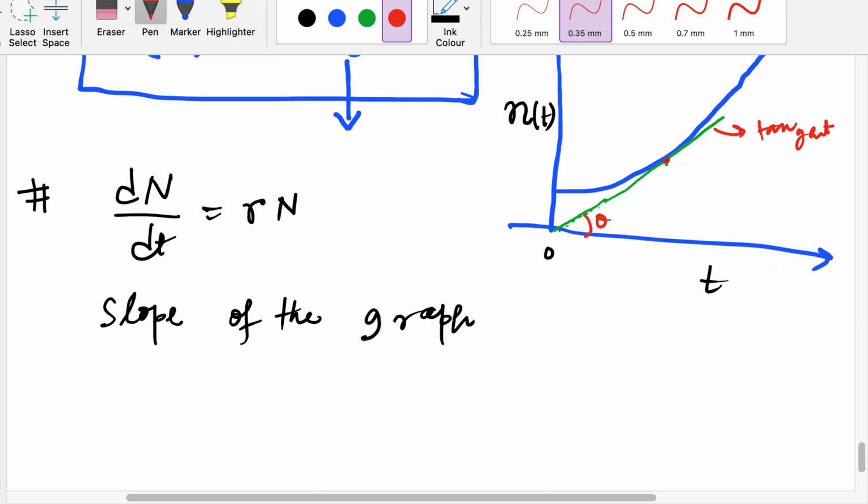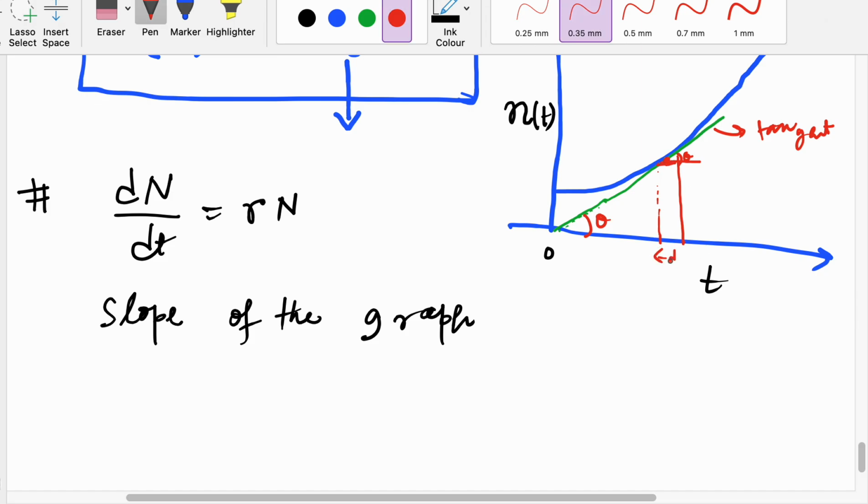Then if I draw a parallel line to the t axis, these angles will also be theta. Now if I draw a very small segment, this angle will be theta.